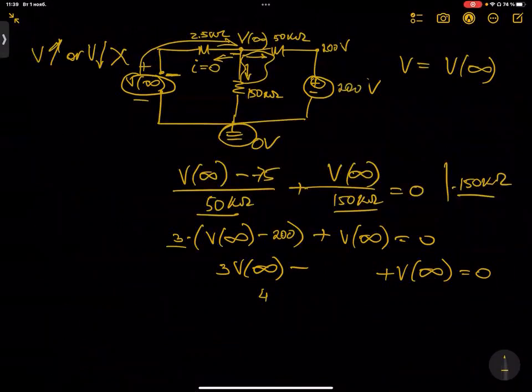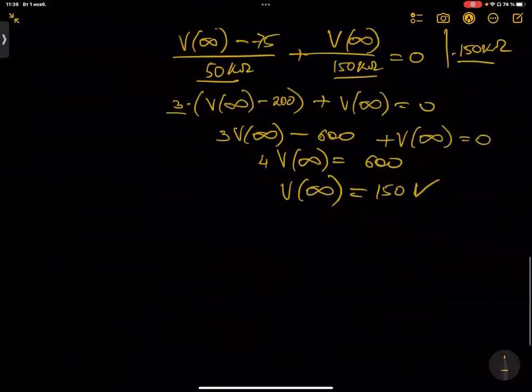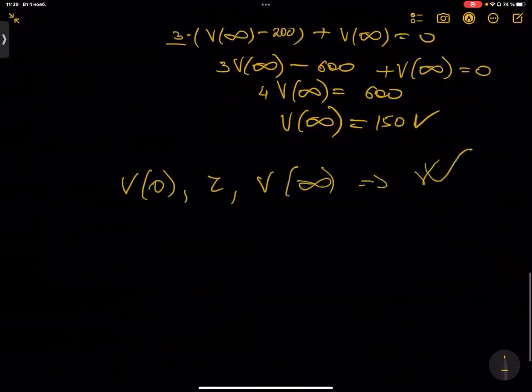So 200 multiplied by 3 is going to be 600, and then 4V infinite equals 600. So our voltage at infinite time is going to be 150 V. Everything's fine. Initially we had to find V0, the time constant, and V infinite, so everything is done. Now we can find V(t).